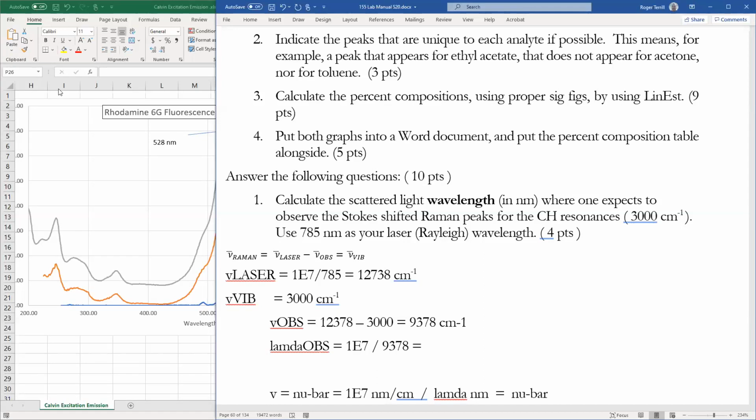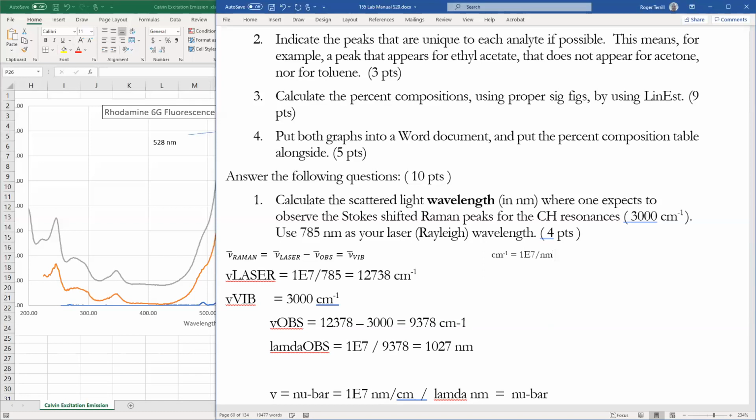Wouldn't you multiply them to get lambda? Are you going for nanometers? So the equation here is that wave numbers is equal to 1E7 over nanometers, right?